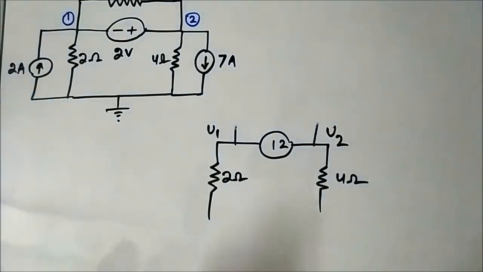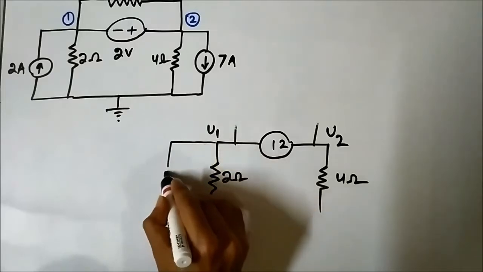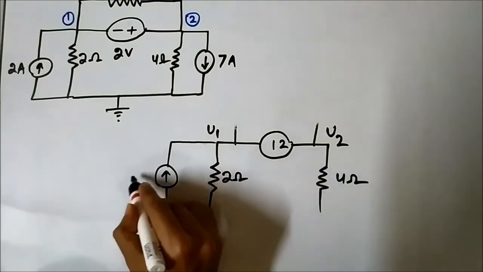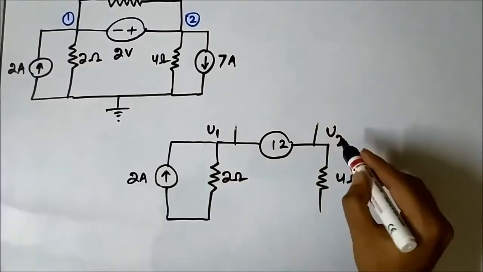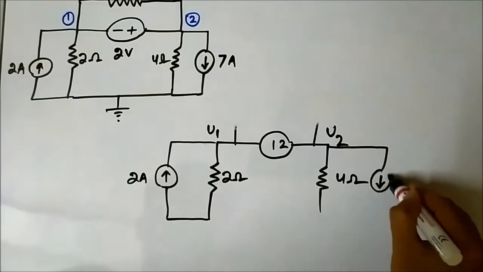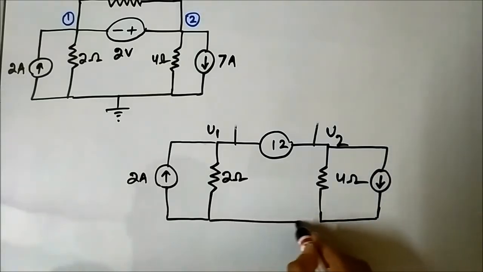Now we have an independent current source here, which is 2 ampere, and another independent current source here, which is 7 ampere.